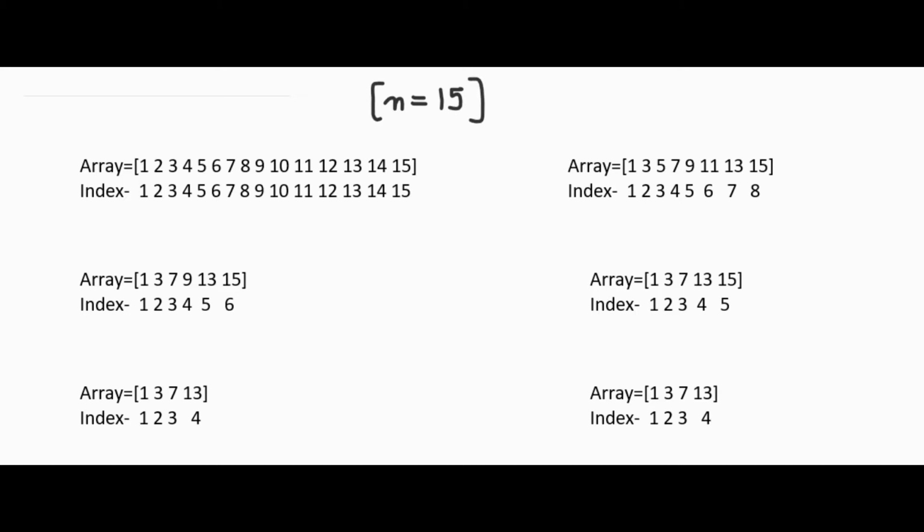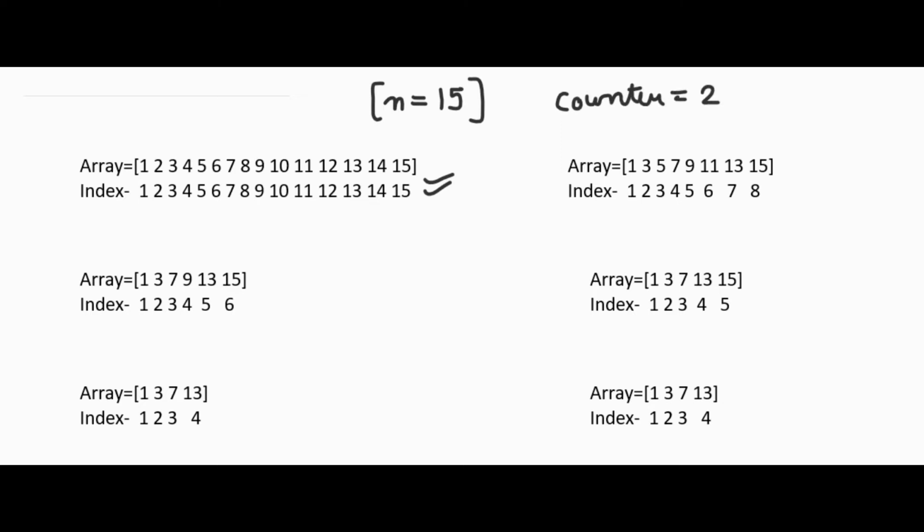For this, we are taking an array of 15 numbers. I have written the indexes as well, as they will play an important role in this question. Now, what was the first operation? We have to delete every second number from this array. For that, we will take a variable counter.